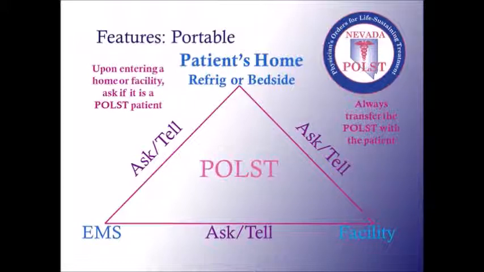As EMS providers, we want to ask these facilities, does this patient have a POLST form? Take that POLST form, I'm going to say that 4 or 5 times through this presentation, take the form with you, and again tell subsequent providers or clinicians that they have an active POLST in place.